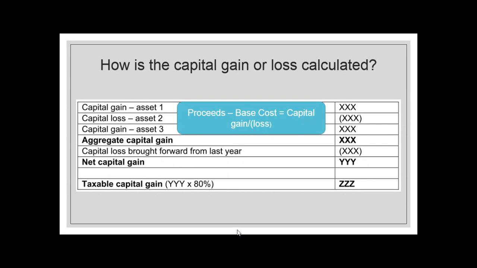Okay, but let's say I've had an assessed loss in the prior year of 15,000. Then I reduce the gain I made in this year with that assessed loss, and then this is my net capital gain. Will the assessed loss be mentioned in the question? Yes, they will mention it as a separate line item.